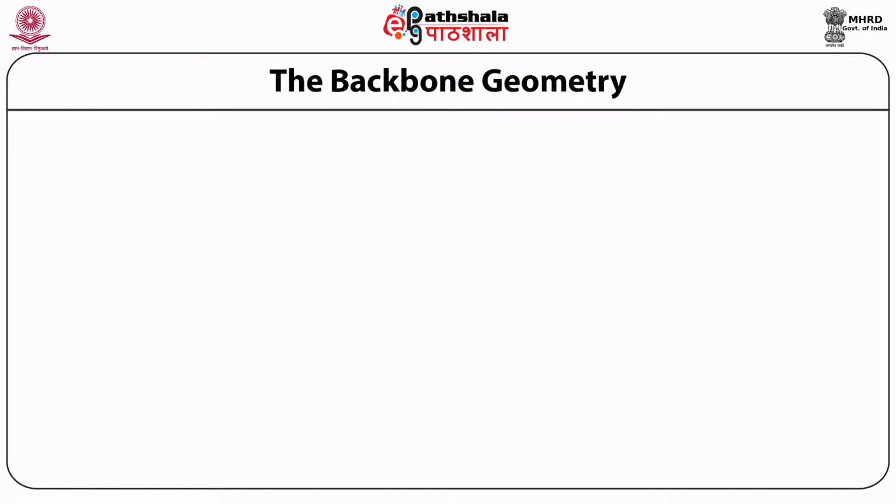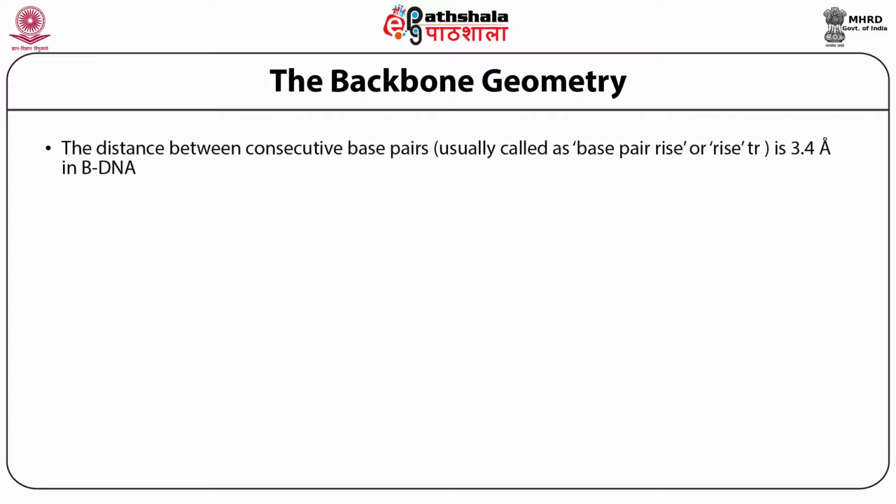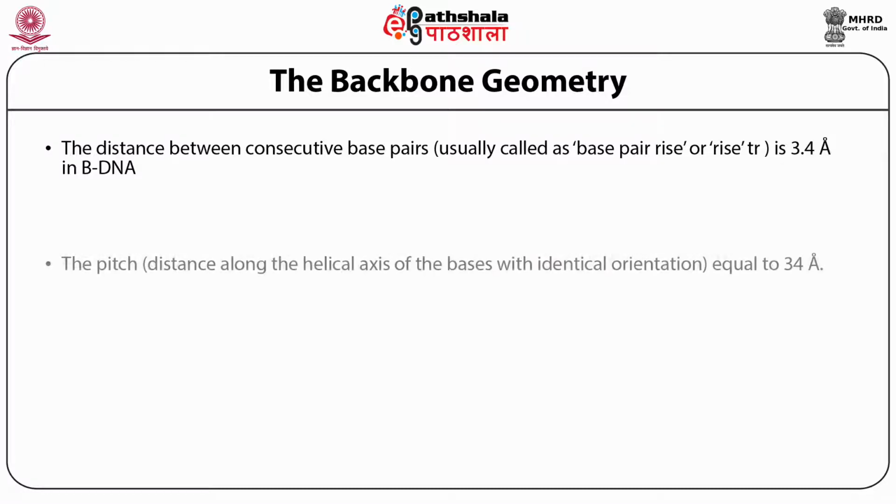The backbone geometry. The distance between consecutive base pairs, usually called base pair rise or TZ, is 3.4 angstrom in B-DNA. The pitch, the distance along the helical axis of the DNA bases with identical orientation, is equal to 34 angstrom.